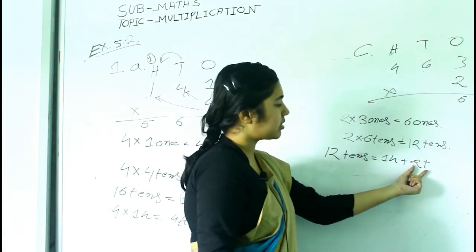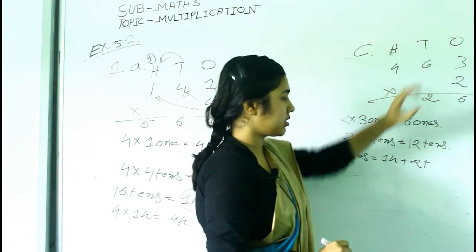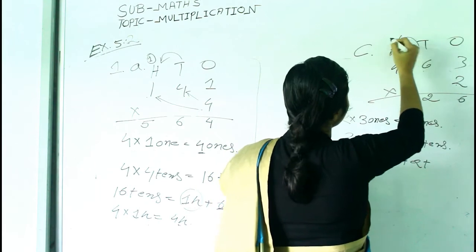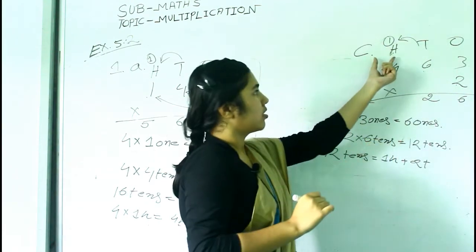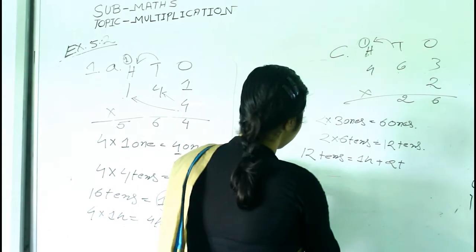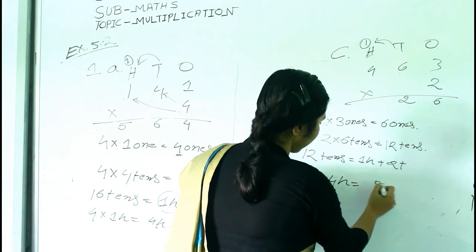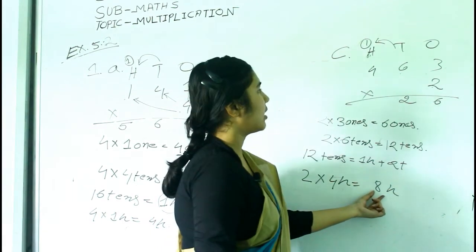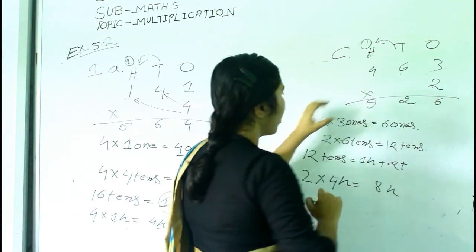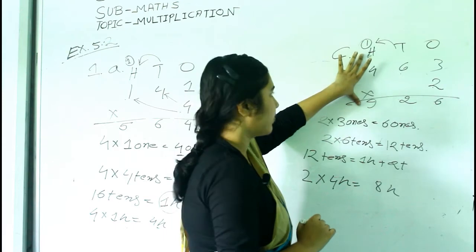Now write this 2 in the column of the tens place and carry this 1 to the 100 place. Now multiply 2 with 400, which is 800. Now add 800 with 100, we will get 900. So write 9 in the column of the 100 place.